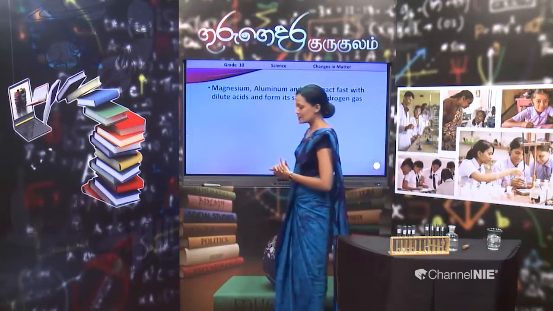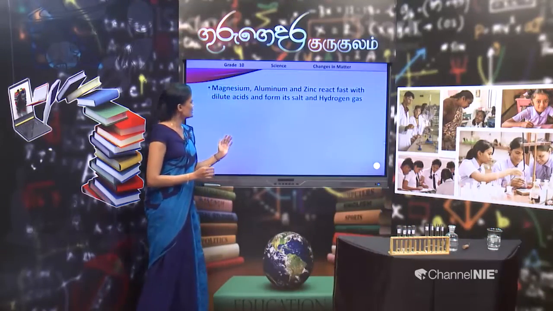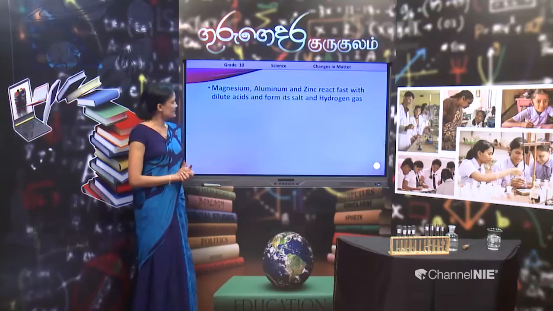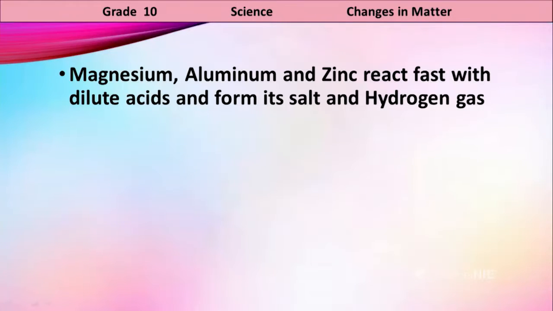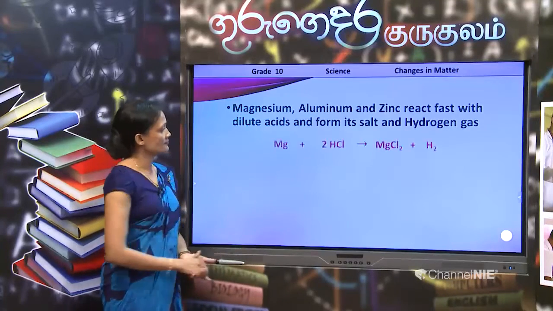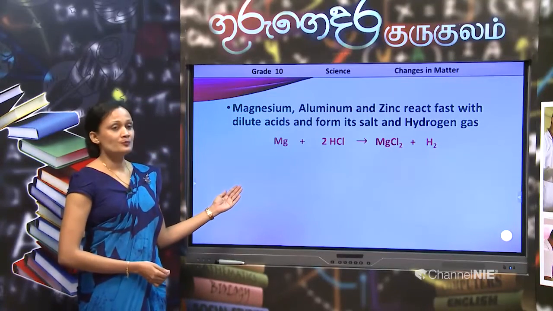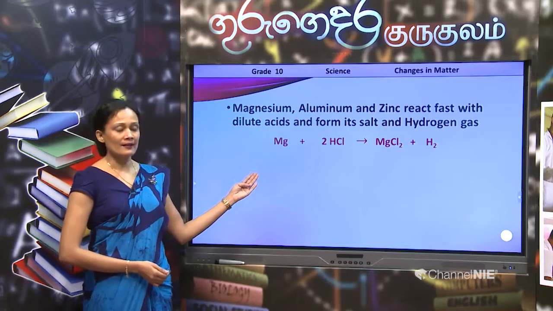Okay, look at this. If we consider magnesium, aluminium, zinc-like metals, they react very fast with dilute acid and form its salt and hydrogen gas. Here, how does magnesium react?